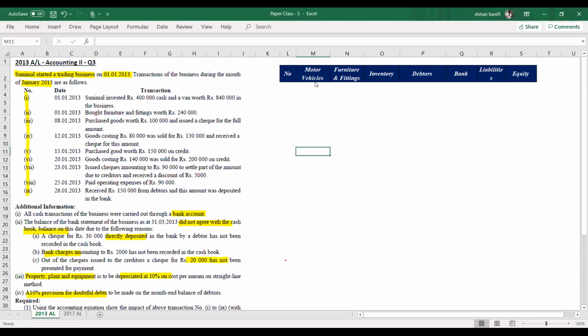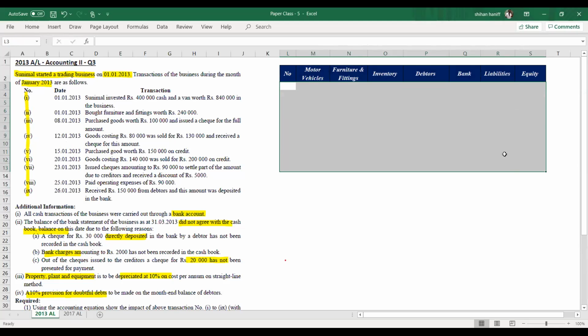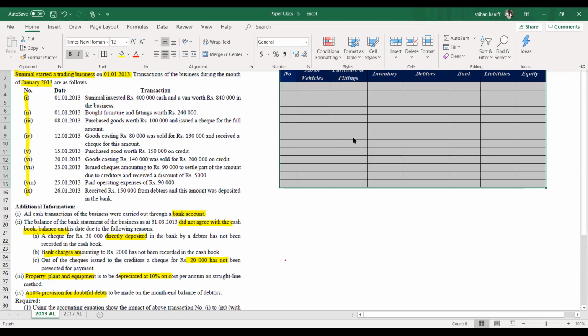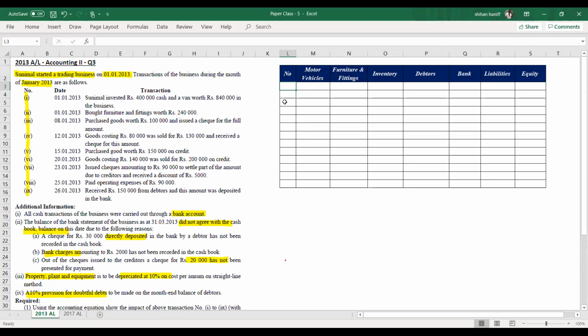So first let's draw the format for the accounting equation. Number 1.